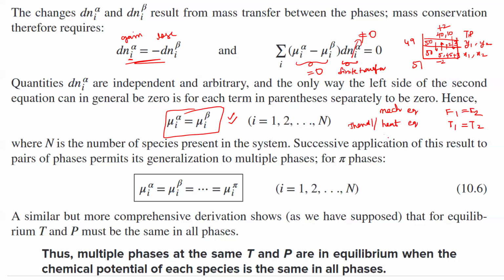Similarly, when it comes to chemical equilibrium, it is mu1 equal to mu2. It's not that concentrations are equal; for chemical equilibrium, the potentials are equal.